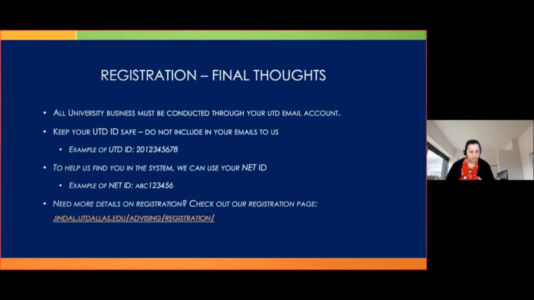Keep it protected. Don't share it. Treat it a little bit like your social security number. It is an identification number that we are aware of, but it's not something that you want to share over email. If we do need to determine who you are, to make sure that we're looking at the same file, we could use a Net ID. So if in email we need to make sure that we're working with the correct file, we will ask you for your Net ID, but we will never ask you for your UTD ID.